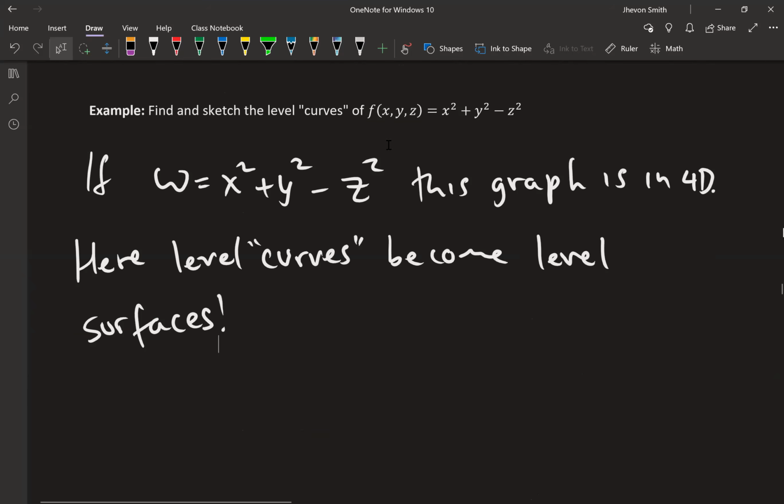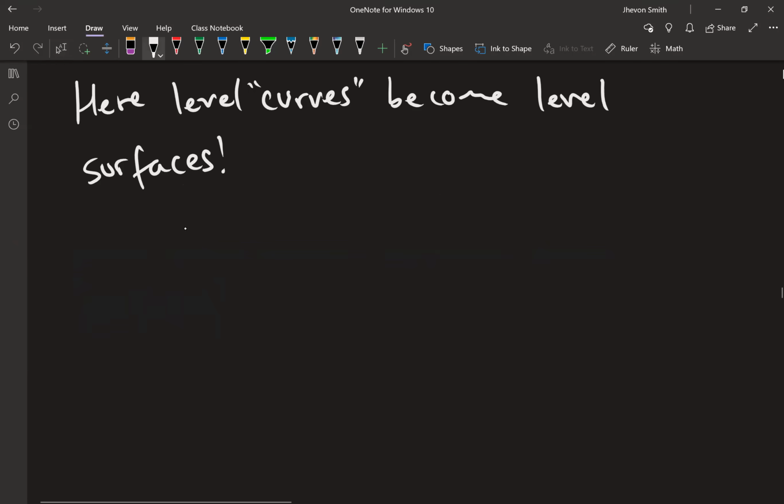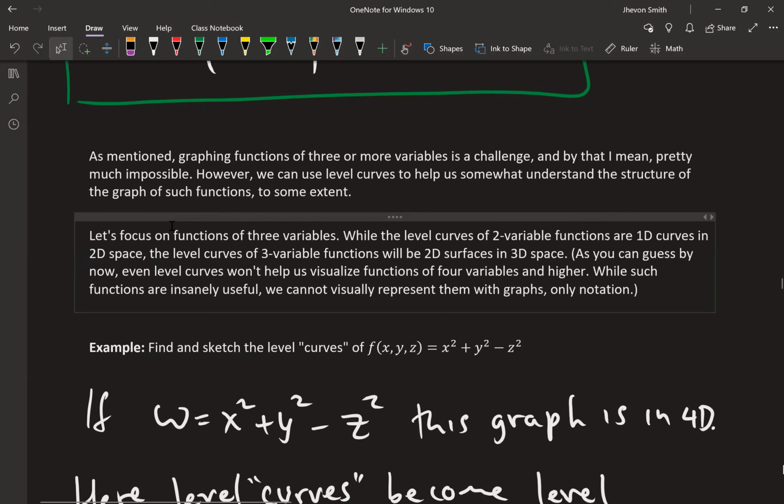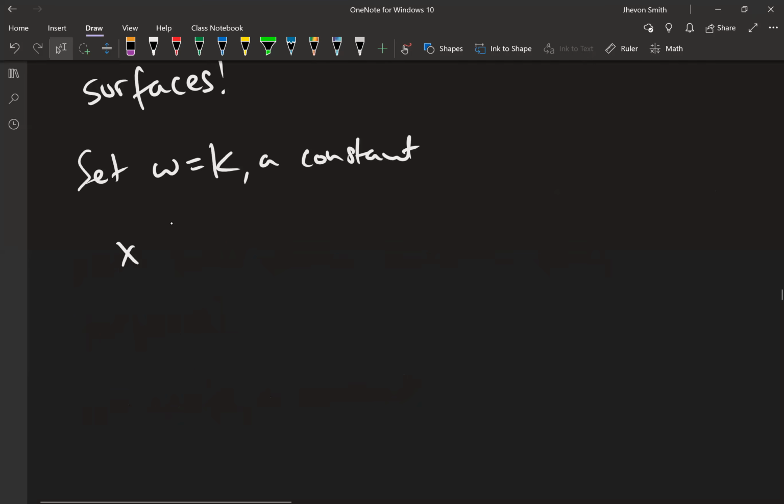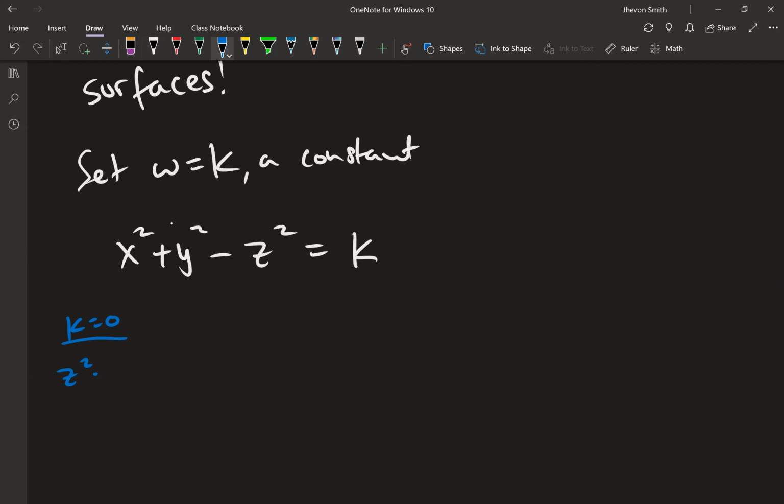Now, if I set W equals a constant, you would end up getting X squared plus Y squared minus Z squared equals a constant. Then you can plug in constants. For example, if you plug in K equals 0, that would give you Z squared equals X squared plus Y squared, which you know is a cone.